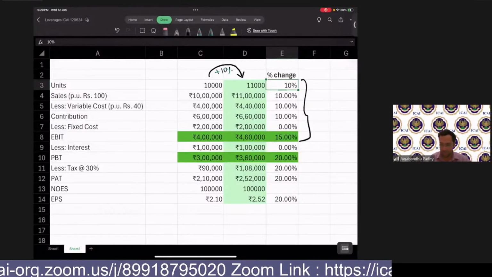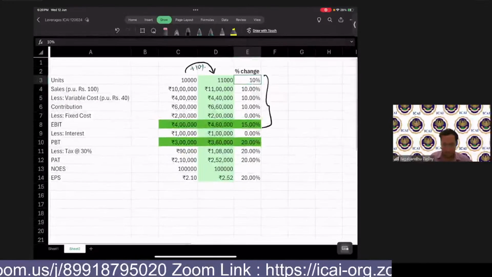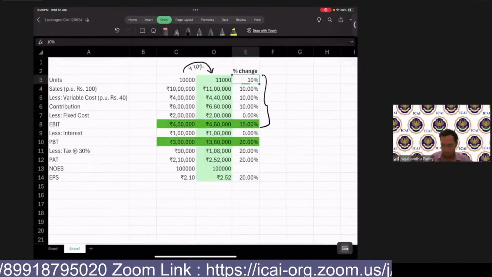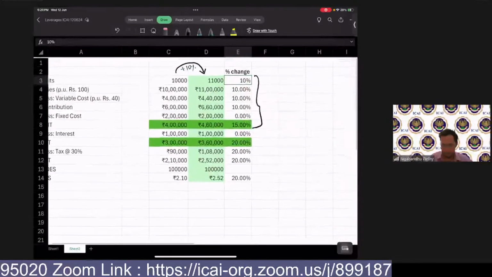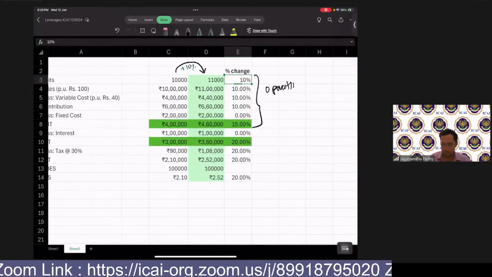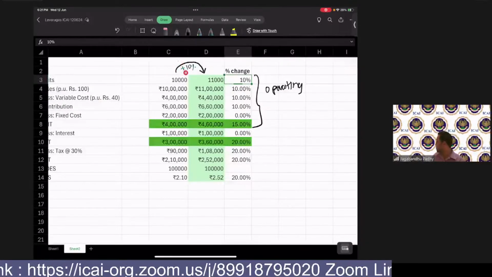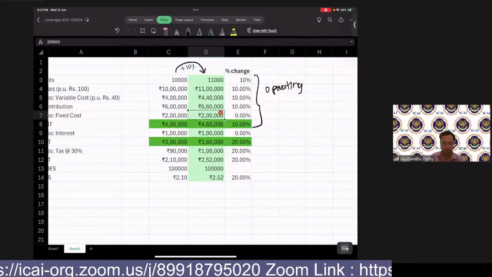This portion, as we have stated, is the operating portion. Whatever is happening as far as the operations are concerned, we are going to cover right now.